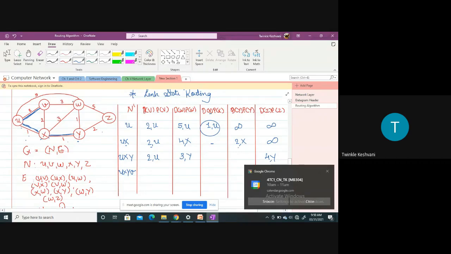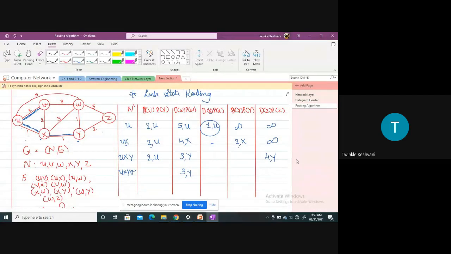So which one is the shortest? Count it. u to w is 5, u v w is 3 plus 2, 5. Both are the same. u x w is 3 plus 1, 4. u x y w is 1 plus 1 plus 1, 3. So again we'll take the shortest, that is 3y.